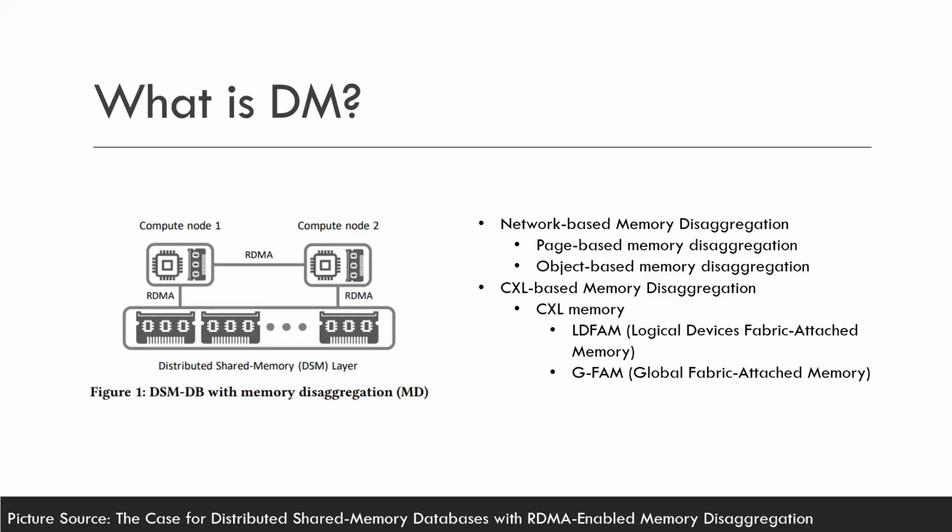Logical devices is when one CXL-based memory has 16 logical devices inside and can be split, with several device physical addresses, so 16 different addresses. GFAM, Global Fabric Attached Memory, has only one device physical address space that is common across all the hosts. On the left you can see the scheme, how it looks.